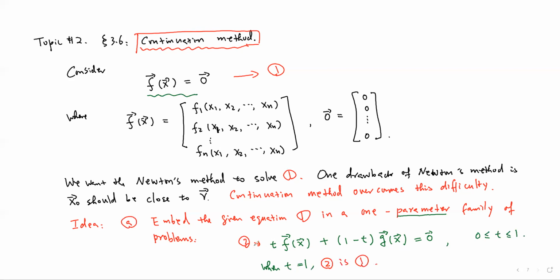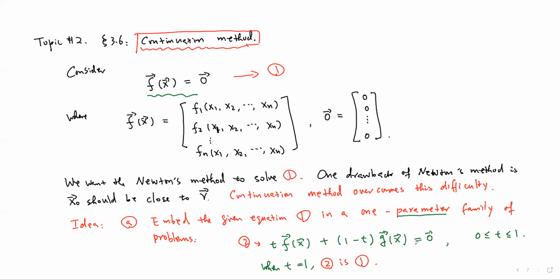Do you agree? When t is 1, 1 minus 1 is 0, so the second term is gone. So equation 2 actually is equation 1. Equation 1 is just a sub-equation of equation 2. Equation 2 has infinitely many equations because t is arbitrary between 0 and 1.